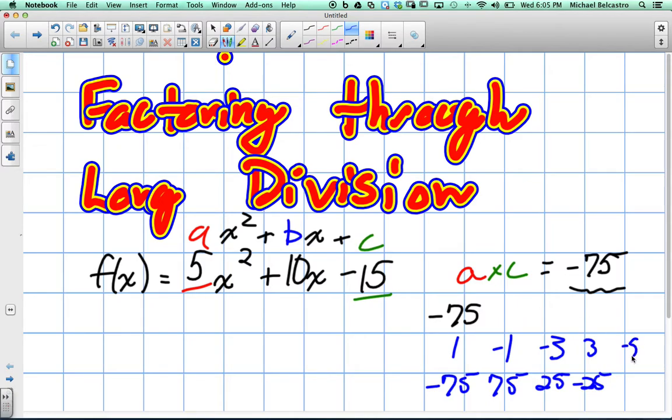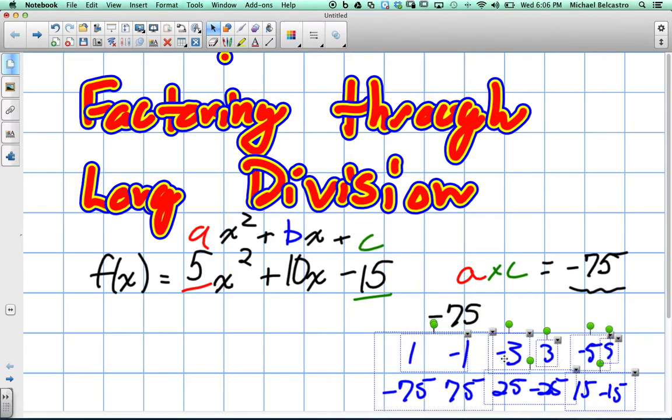We can go negative 5 times 15, or 5 times negative 15. 6, no. 7, no. 8, no. 9, no. 10, no. Okay, so those are all of our factors.